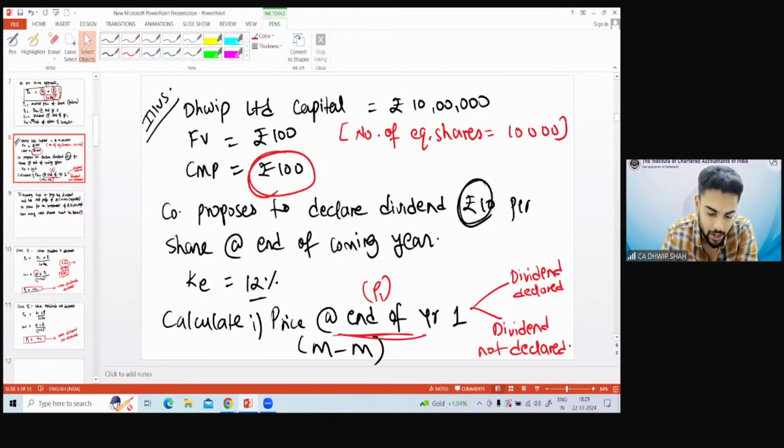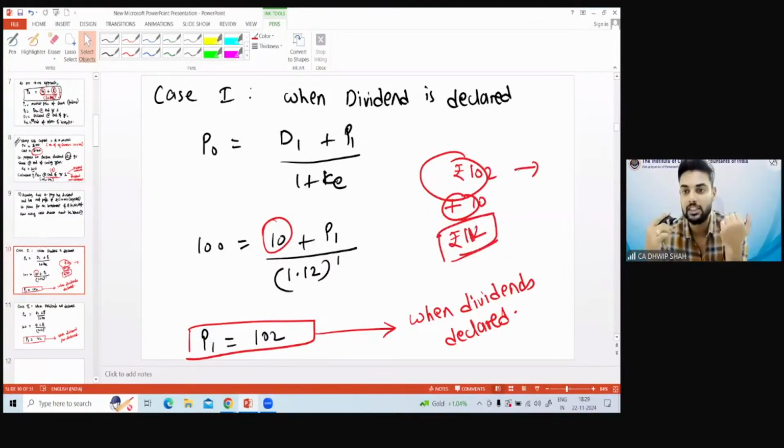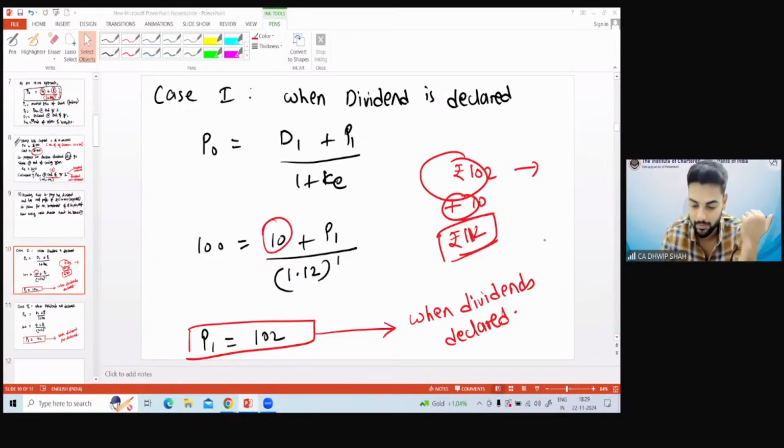Now when company declares the dividend, the price becomes 102 after year 1. So let's say after year 1 you sell the shares. Can I say you will get 102 of cash from selling the shares? But during the year, company has given you 10 as dividend also. So 102 plus 10 of dividend. Ultimately, you are getting 112 only.